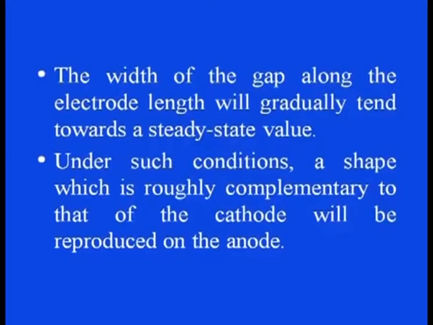As the machining proceeds, there is a simultaneous movement of the cathode towards the anode to maintain this gap. The width of the gap along the electrode length will gradually tend towards a steady state value, as we have already explained. Under such conditions, a shape which is roughly complementary to that of the cathode will be reproduced on the anode.